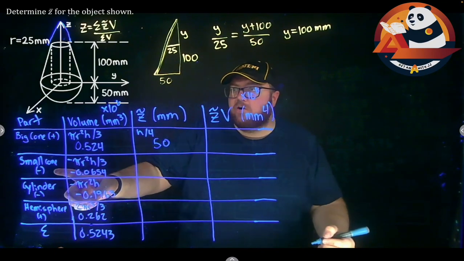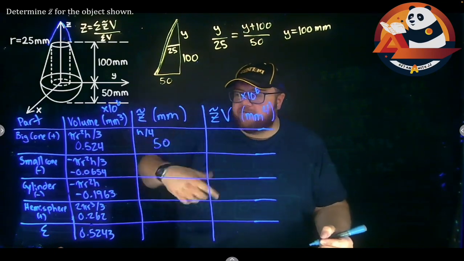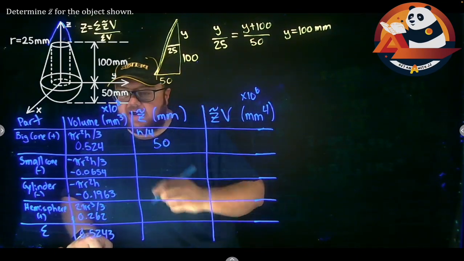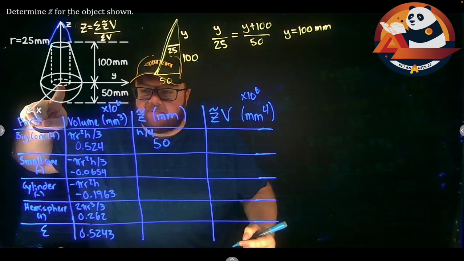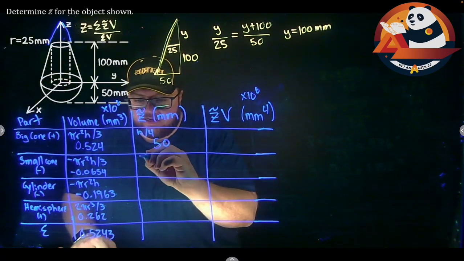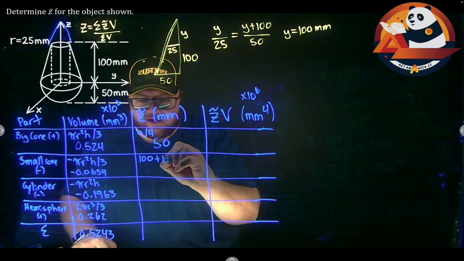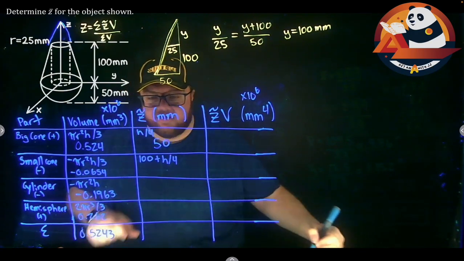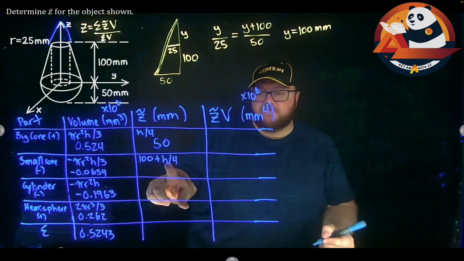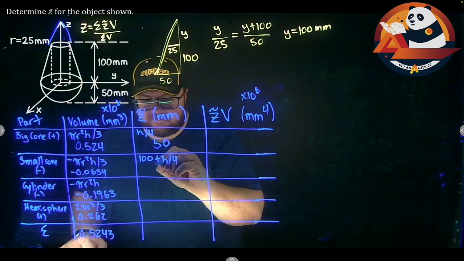For our small cone, not quite just 100 divided by 4. From the xy plane, I need to go up 100 to get to the start of the small cone, and then I can go height over 4 into it. So 100 plus 100 over 4 is 125.